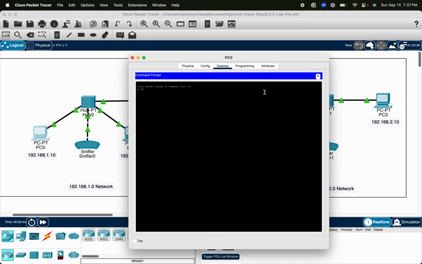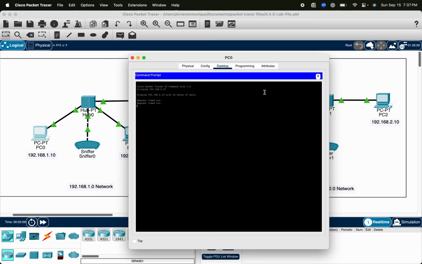We go to command prompt, then we ping 192.168.2.10. All right, we're getting some response now.